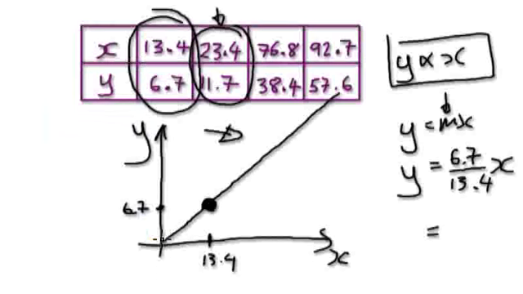Yes, so it will lie on that line. 23.4 here, this point does actually lie on the line. 11.7, so it lies on the line.